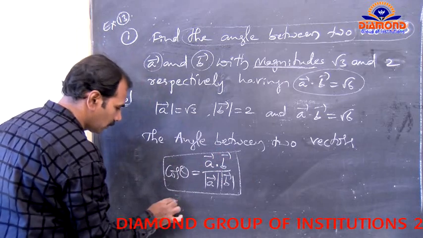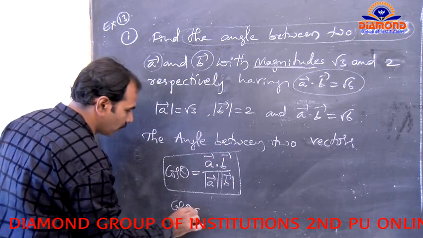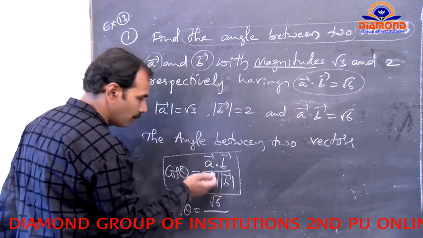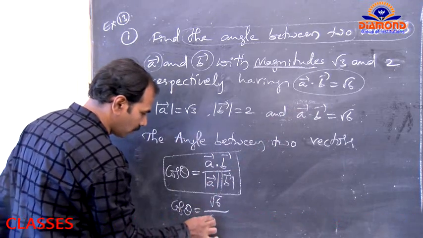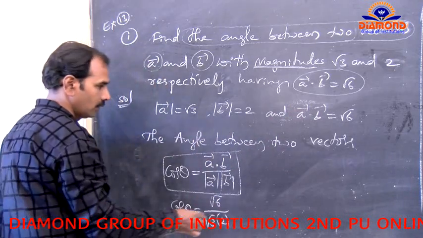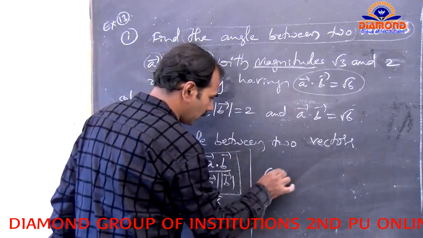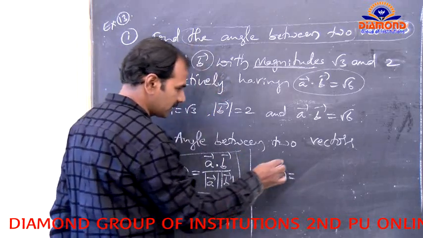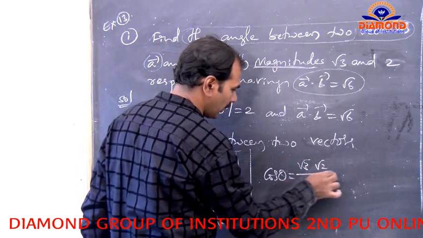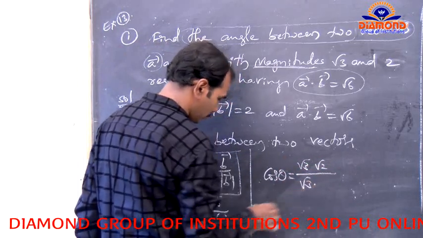So cos theta equal to A vector dot B vector, value √6. Magnitude of A you know is √3, and magnitude of B you know is 2.